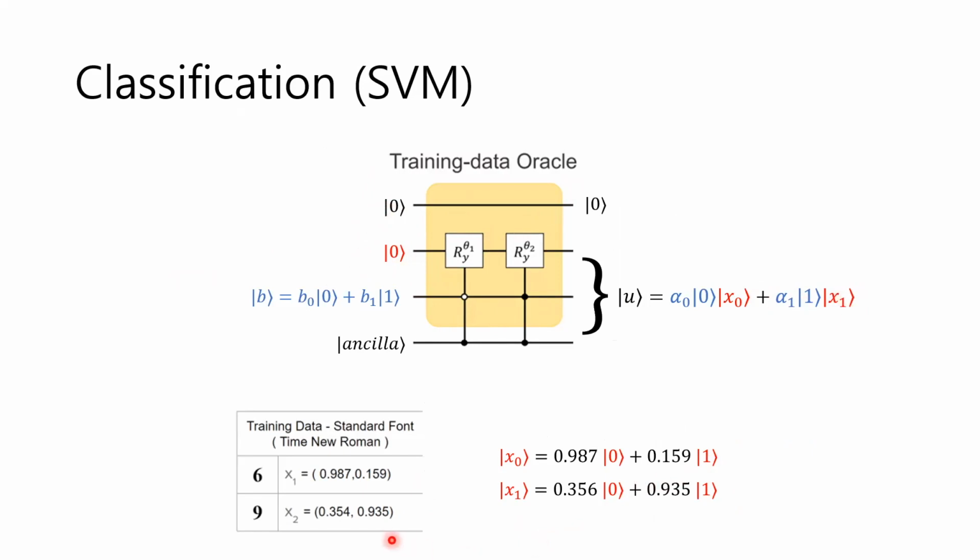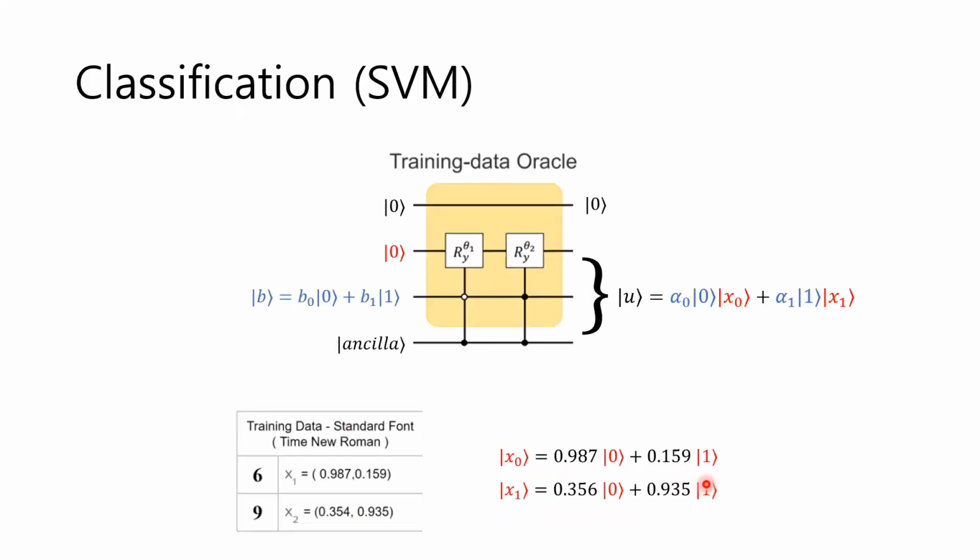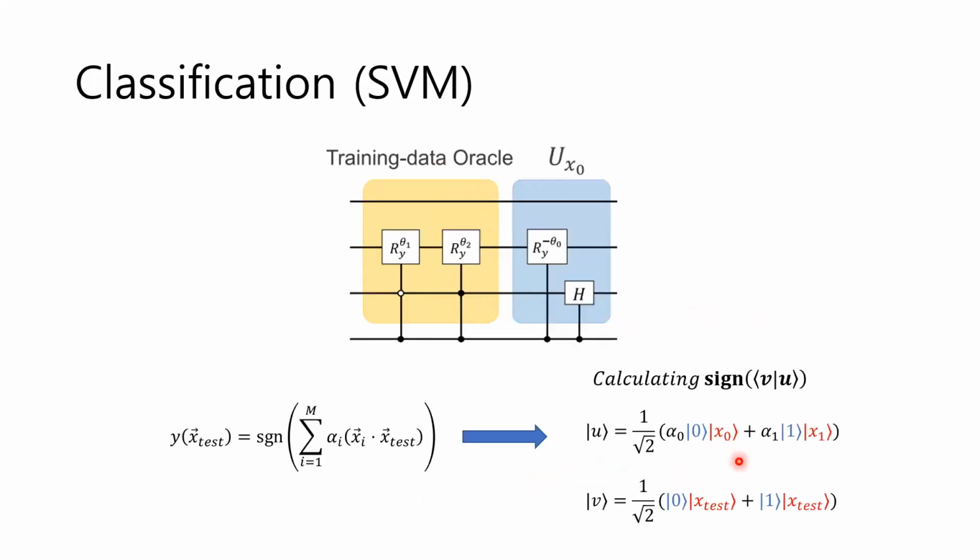These qubits come from the attribute values of the training data properties, so it's directly implemented by rotation y gates, which rotate only by these values. At the end of this training data oracle, we will have the state U here, which is defined on the last slide.